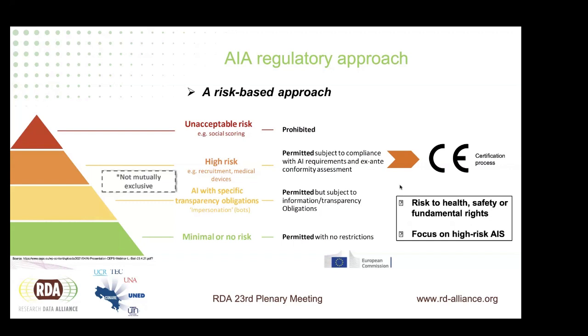The Act focuses on these systems that are authorized but subject to conformity assessment and certification. Then we have systems that are subject to specific transparency requirements without being mandatorily high-risk systems. And finally, systems presenting minimal or no risks, which are just permitted with no restrictions.